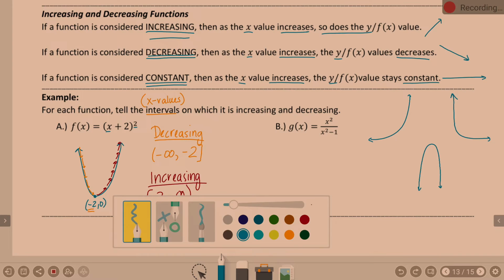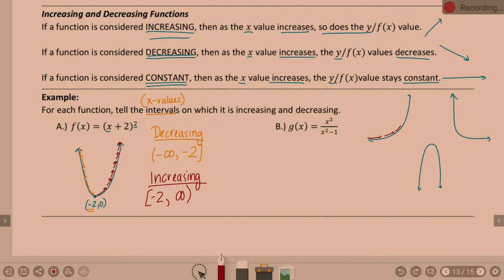You start increasing. As I start here, it's very slow at first, isn't it? But are your y values getting higher? Yeah, y values are getting higher. So the first interval is going to be an increasing interval.